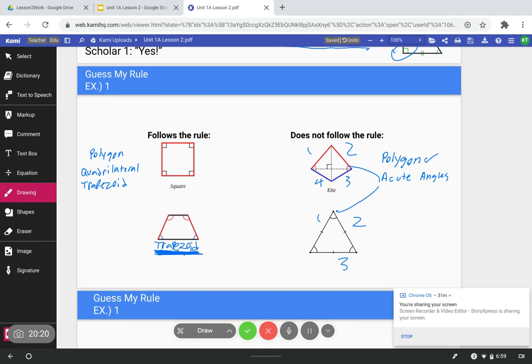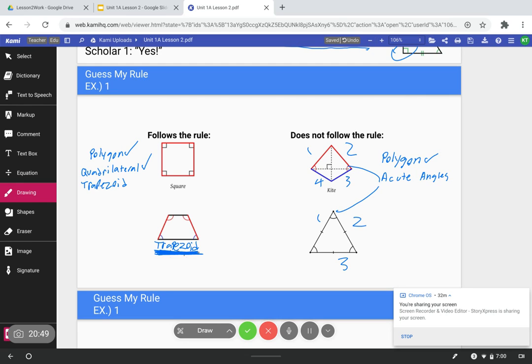So we know that those share those characteristics, but now let's go over to the left. And these shapes, the square and trapezoid, those follow the rule that we're trying to figure out. So let's see what they have in common. Well, they're both polygons because they have at least three sides. Check. They're both quadrilaterals because they both have four sides. Check.